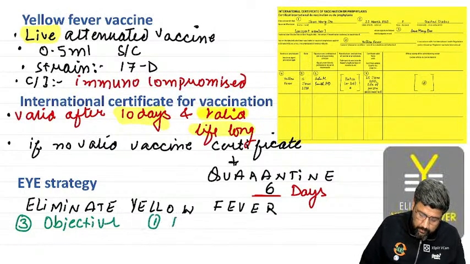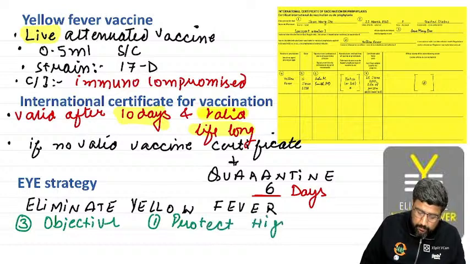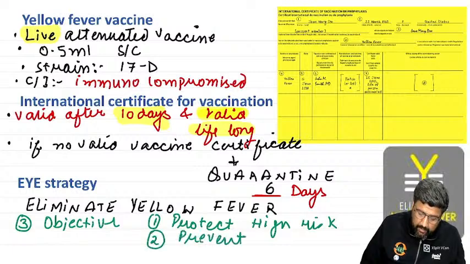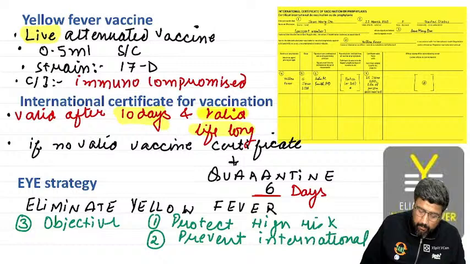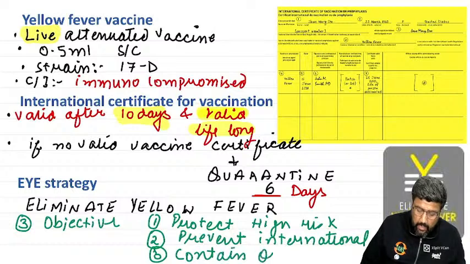Number 1, protect high risk population. Number 2, prevent international spread. And number 3, what is number 3? Contain outbreak rapidly.